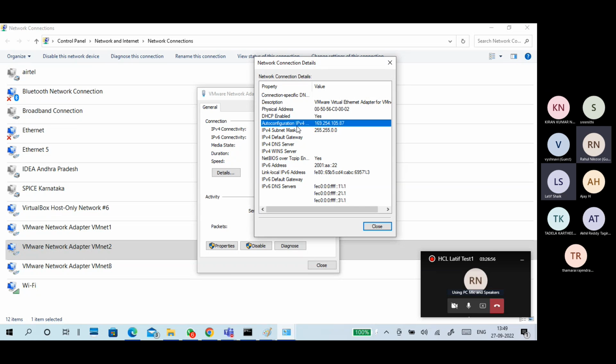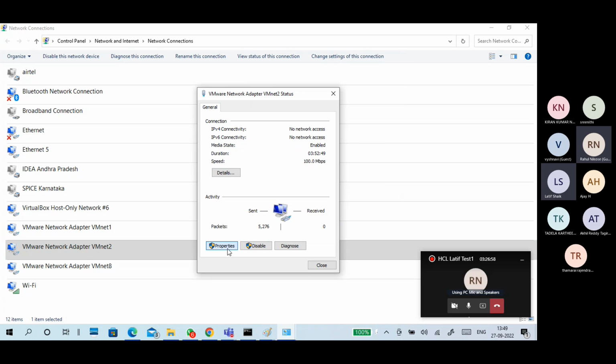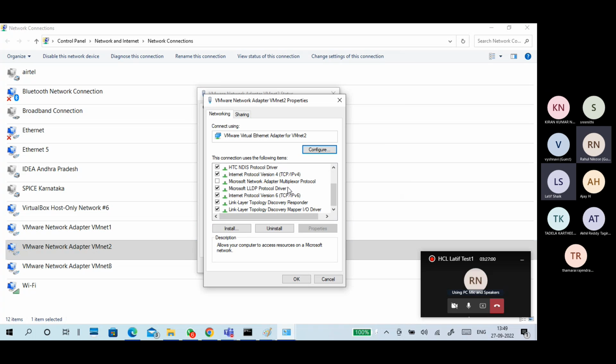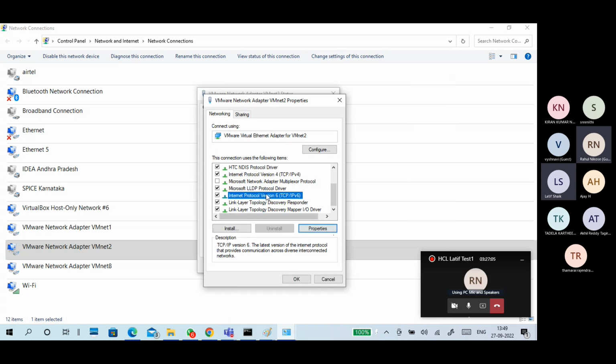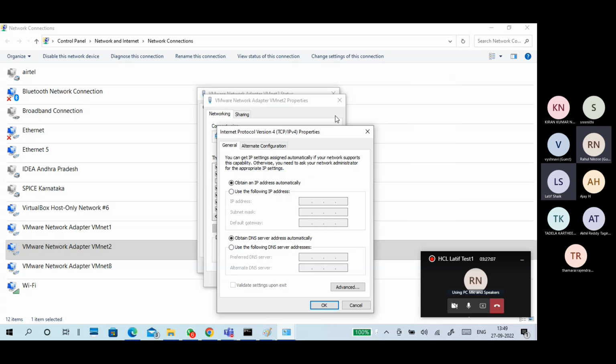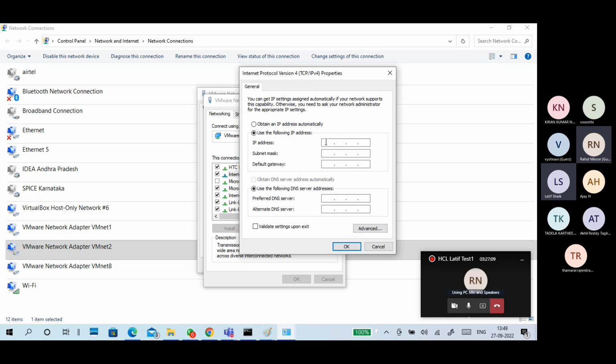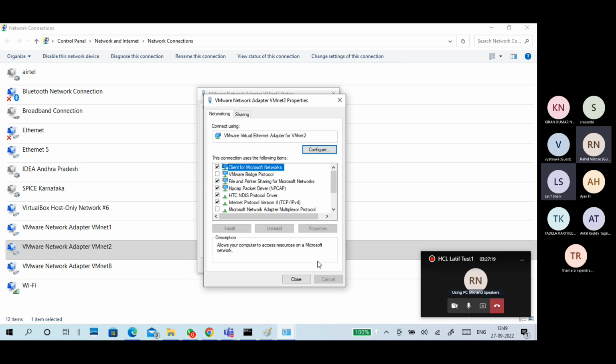But IPv4 is not like that. For example, I will assign an IP address because I don't have any DHCP here. So in IPv4, I'm changing my IP address, like I put 10.10.1, something like this. The remaining is okay, no problem.